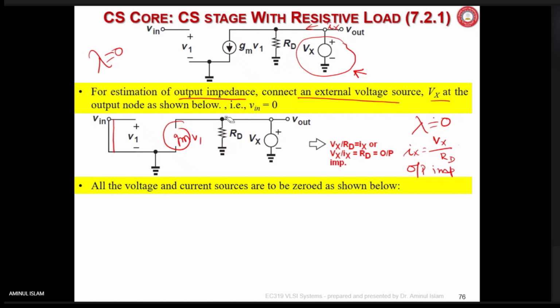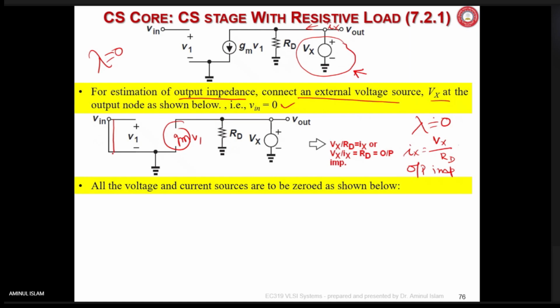So for finding out the output impedance, what we have done: an external source Vx has been connected at the output node, and V in is obviously 0, should be 0 because that is the case.